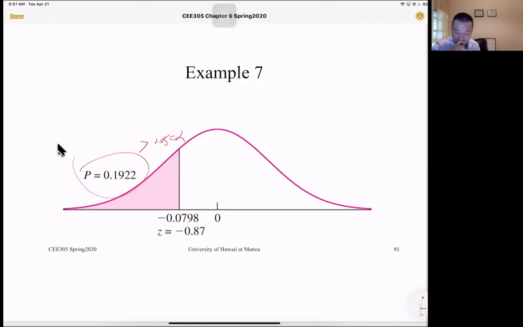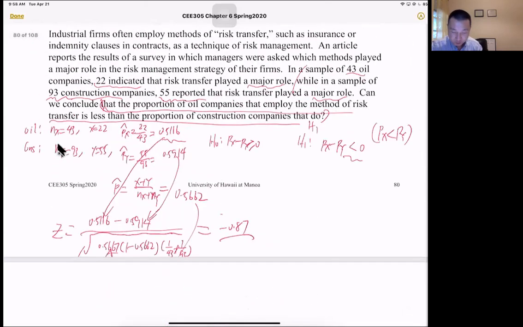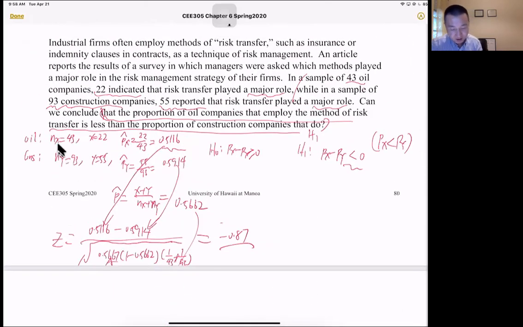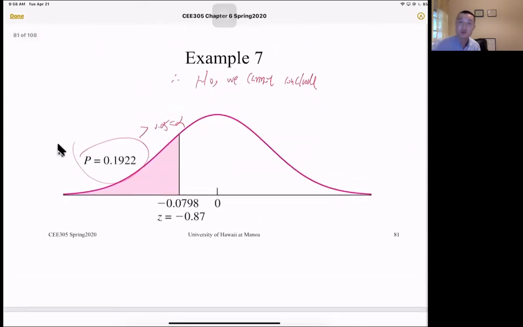If the question does not tell us alpha, we assume alpha is 5%. So the answer is no, we cannot conclude that the proportion of oil companies is less than the proportion of construction companies. You just repeat the last sentence. So that's the conclusion.